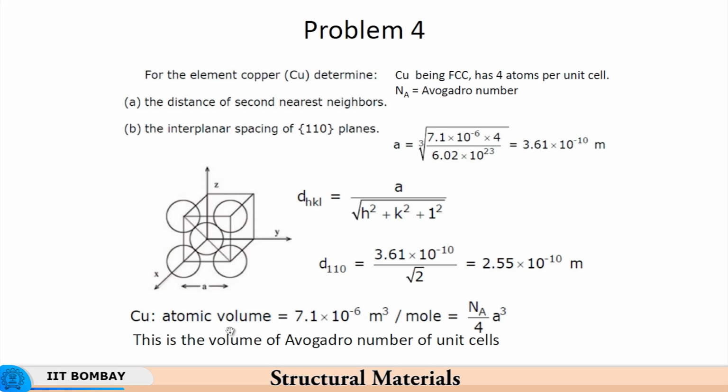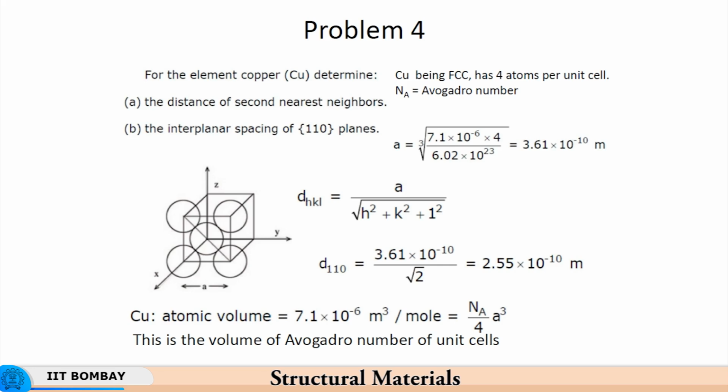and atomic volume is given by 7.1 into 10 to the power minus 6 cubic meters per mole, which is equal to Na by 4 into A cube, because now 1 mole of copper has got Avogadro number of atoms, meaning material equivalent to the atomic weight of copper has got Avogadro number of atoms.